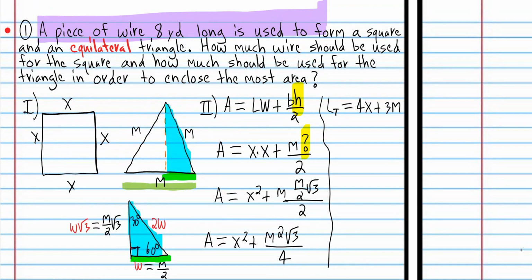And again, we know the total length is 8 yards. So that is 8. And this gives us a relation between x and m.